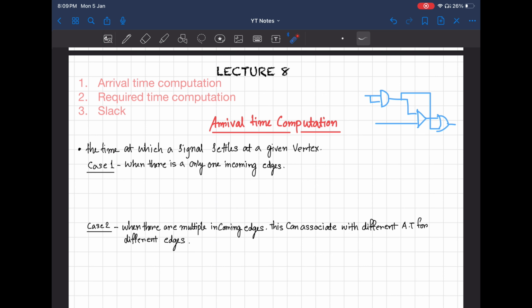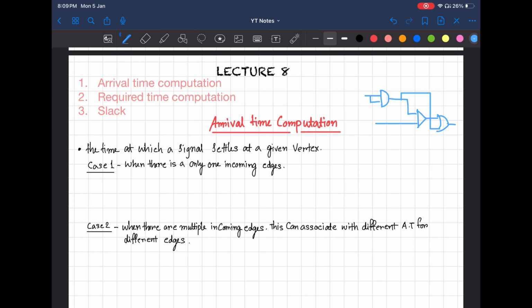Because whatever the circuit may be, you have to represent it as a timing graph. When you do the timing graph, there can be several types of conditions. You always do forward traversing, not backward. Backward happens in the required time. I'll come to that, but let's take some cases.